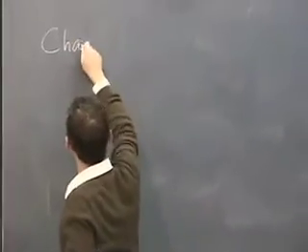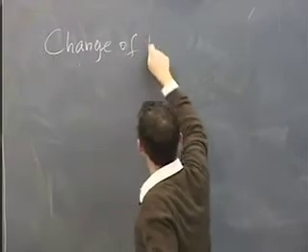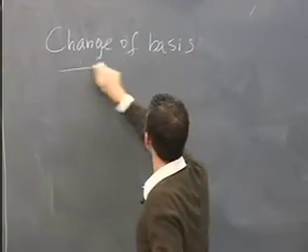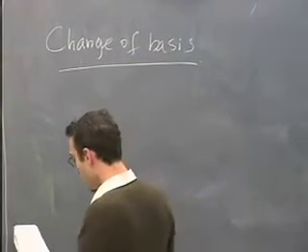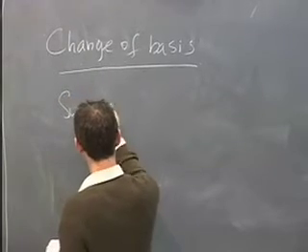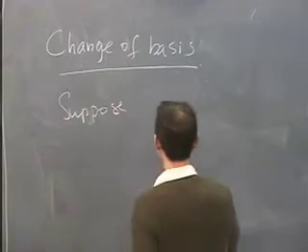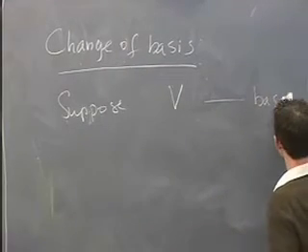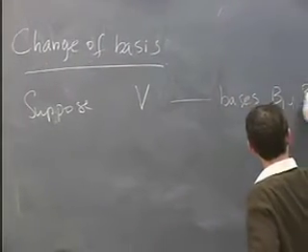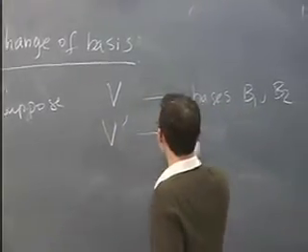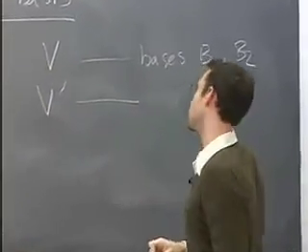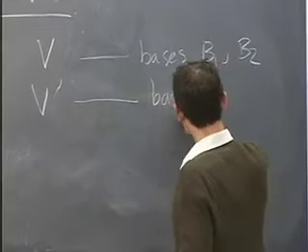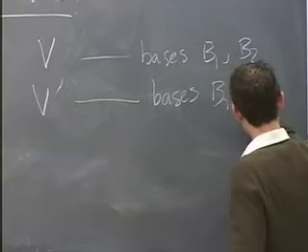So, change of basis. Suppose we have V, and it has bases B1 and B2. And we have vector space V prime over F, and it has bases B1 prime and B2 prime.